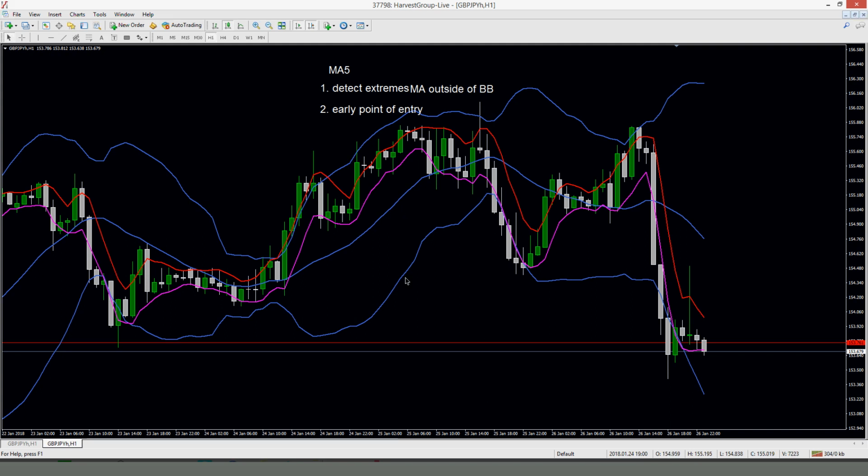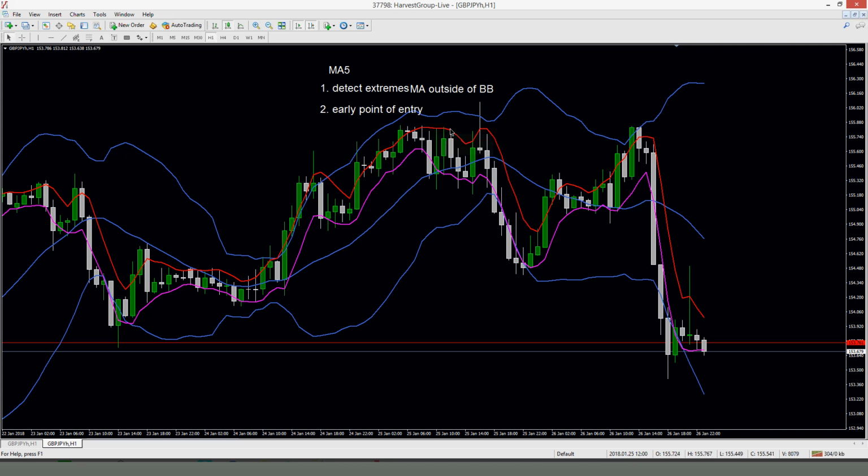All right, so the second one is early point of entry. So what do we mean by this? Because earlier on we mentioned candlestick break, candlestick reject. So this is why it's very important. Every time the candle rejects MA5 high or MA5 low, this is a point of entry.